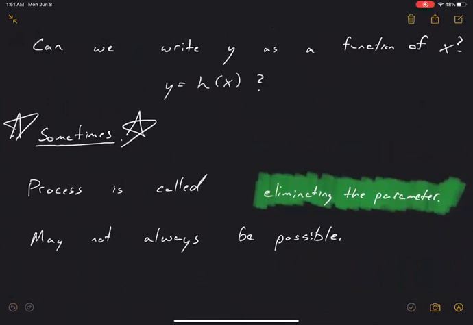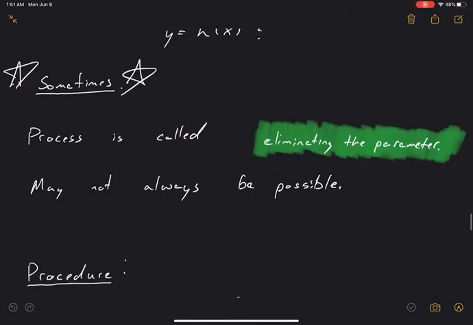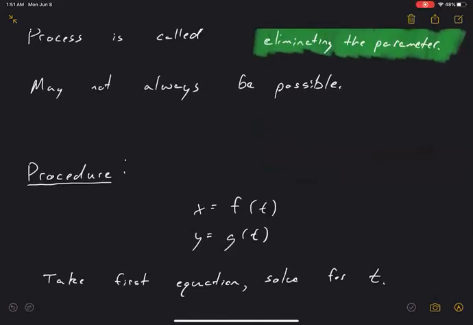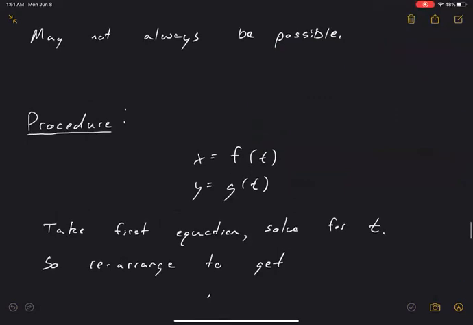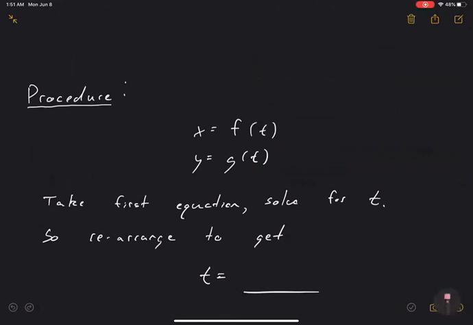The process that we use to take parametric equations and convert into a Cartesian equation is called eliminating the parameter. So essentially what we're going to do is get rid of the t and write y as a function of x, or x as a function of y. So let's look at the procedure. In general, let's say I want to write y equals h of x.